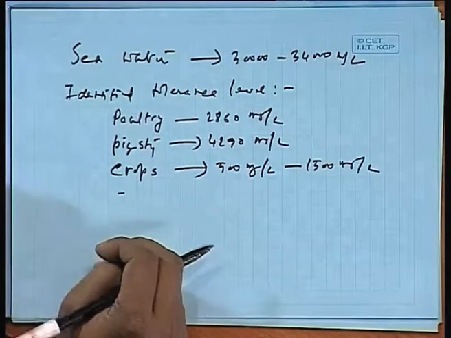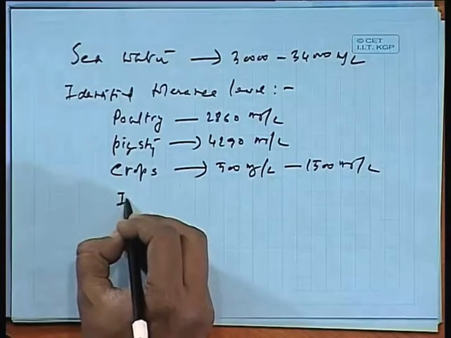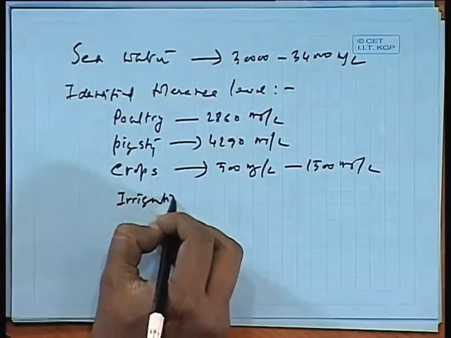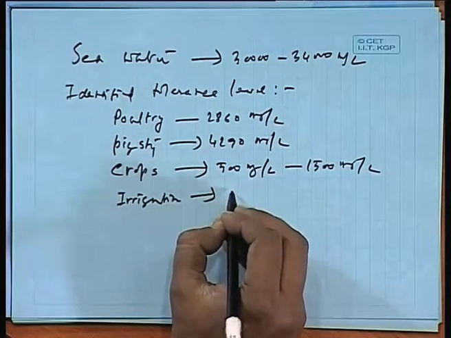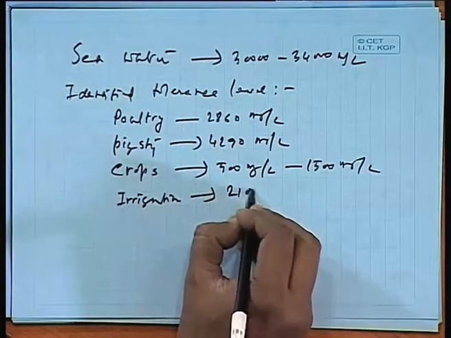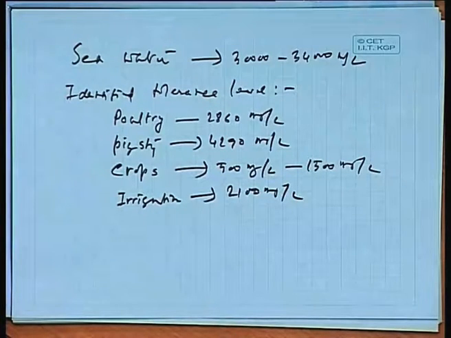Mostly this is for general irrigation, where the tolerance level generally followed is about 2100 milligram per liter. So this is the typical concentration of TDS, or the salt in water.